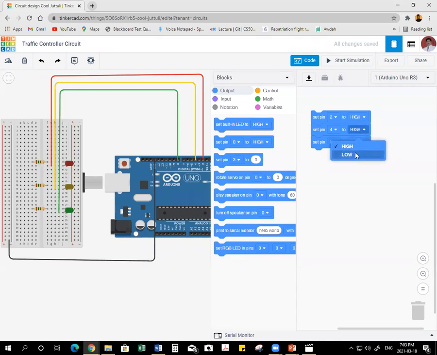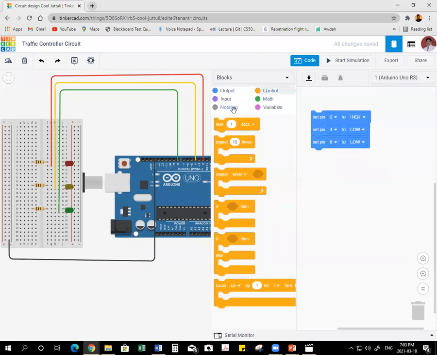So low for the yellow light, low for the green light. Now I can copy. We can have some wait control, drag it. How many seconds should this red light be on, or how many seconds should all lights be on or off, that is the wait seconds. Let us take 10 seconds.